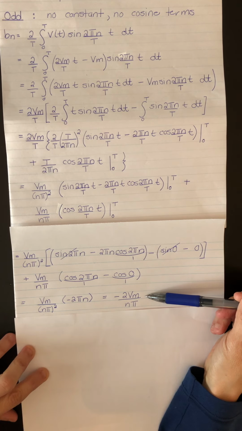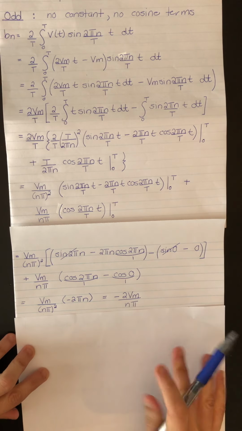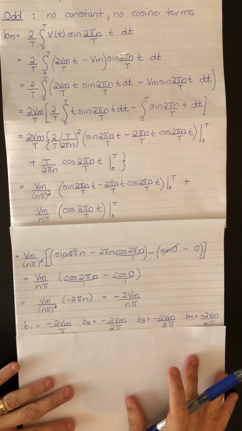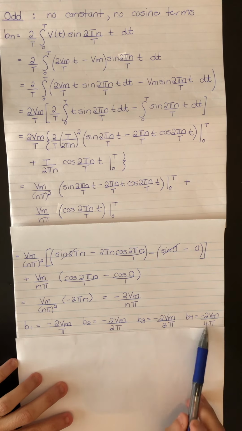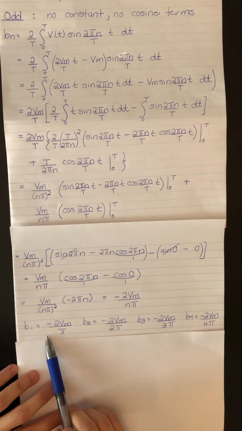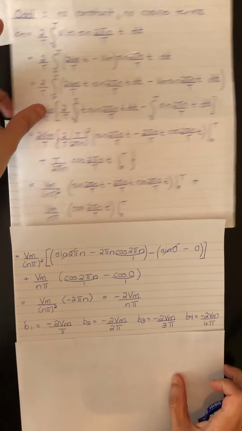And now let's work out some of the coefficients. And all that requires is, if we're finding b1, we substitute 1. If we're finding b2, we substitute 2, and so on. Okay, so here I've substituted 1, 2, 3, 4, and I've set up b1, b2, b3, b4 respectively.